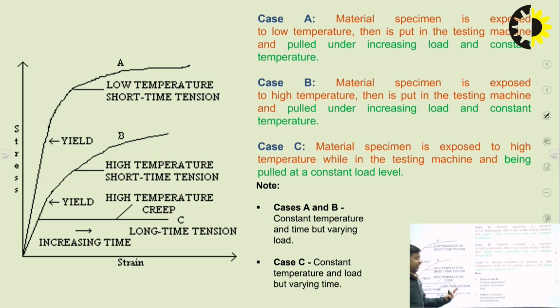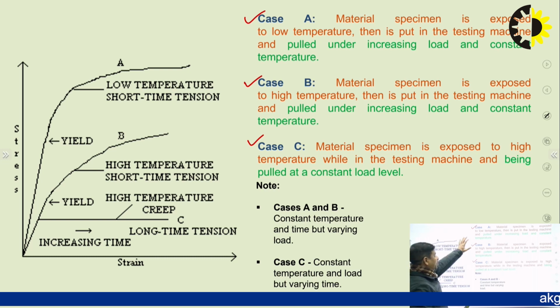Now let's try to relate a few things that I have already covered earlier. If we apply case A, case B and case C on a material, what will happen?